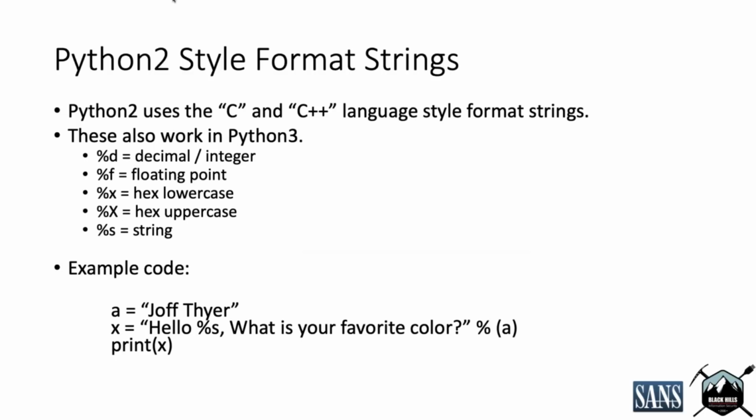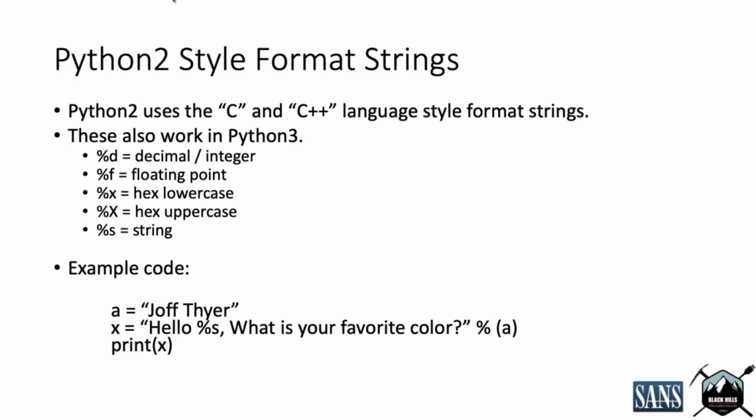What about format strings? This is another change that is coming. Now, a lot of us on the webcast, I am sure, have probably programmed in languages like C and C++, Java, things like that, that use format strings like we've always known them, right? They use %d and %f for floating point, %x for hexadecimal, %s for strings, and so on. And these format strings in Python, in at least version 2 anyway, have been inherited from those languages, C and C++.